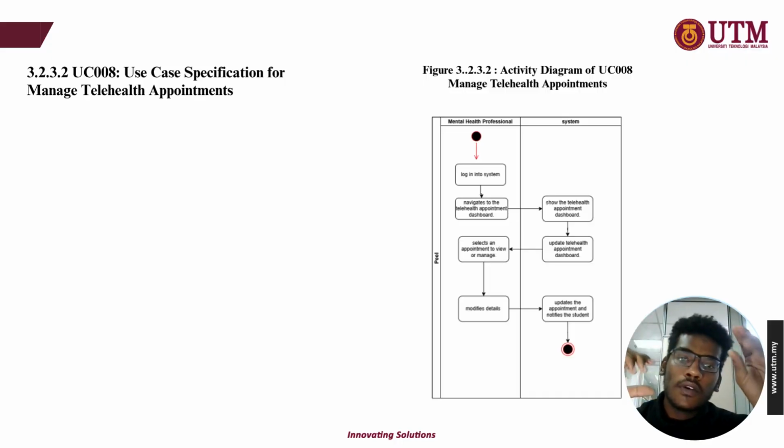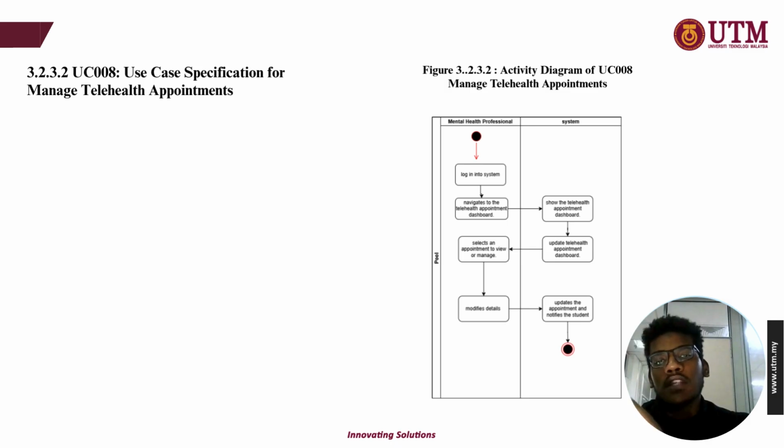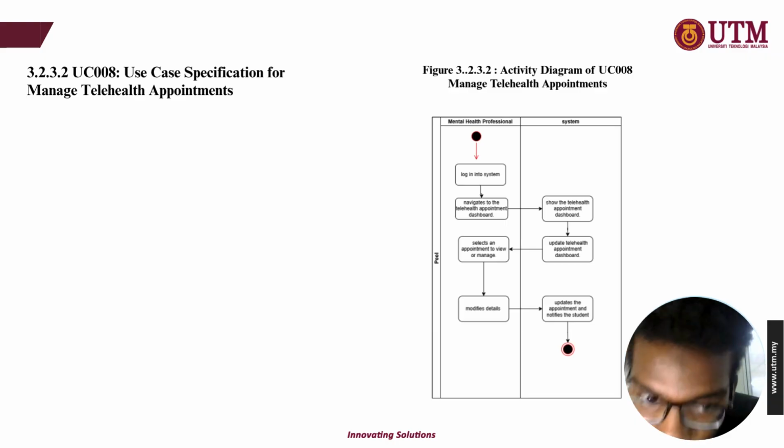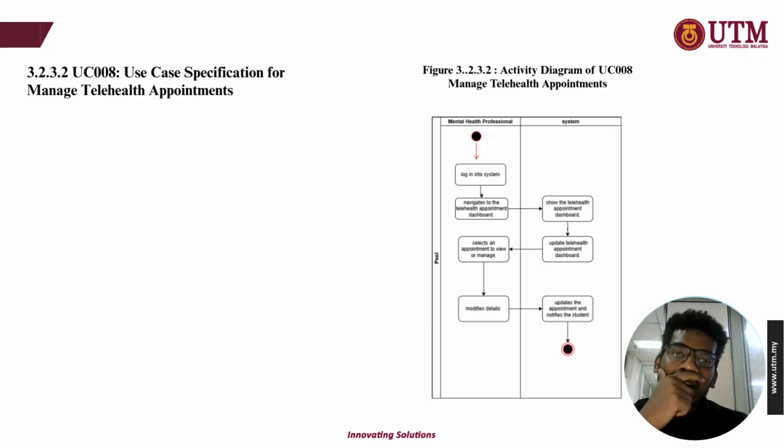If the student waited for too long and nothing happened, the admin can assign a telehealth professional to the student. I guess that's all I can remember, honestly. If I can read, I will tell you more. On the right, we have the activity diagram of the process, and that's about it.